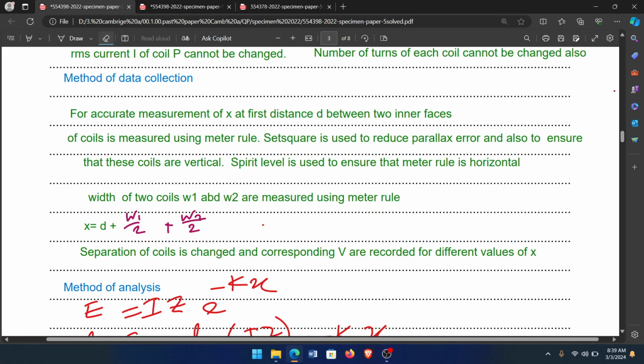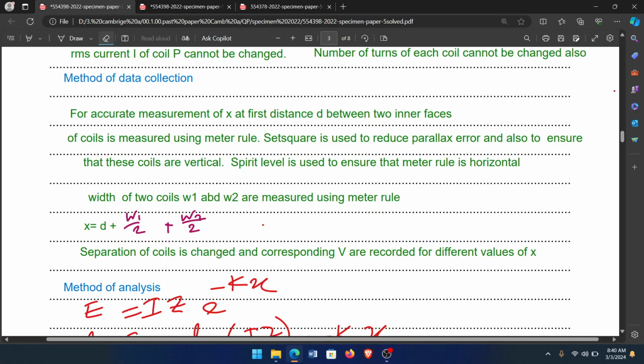A set square is used to reduce parallax error and also to ensure that these coils are vertical. A spirit level is used to ensure that the meter rule is horizontal. This might be in the mark scheme, this might be in additional details, but write it in your own way, right? Then if you think some other things should be mentioned, mention them in the later part. But in this part, keep your focus only on measuring the dependent and independent variables and how to change them.